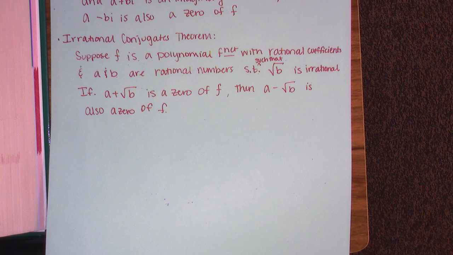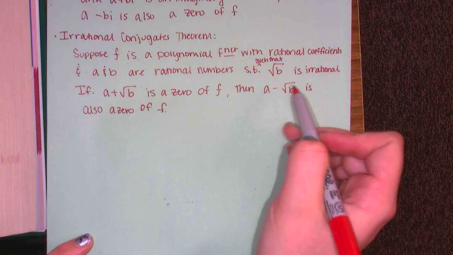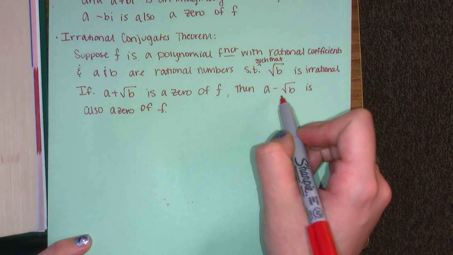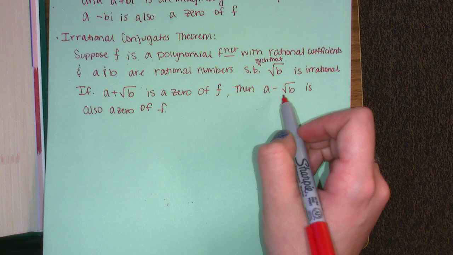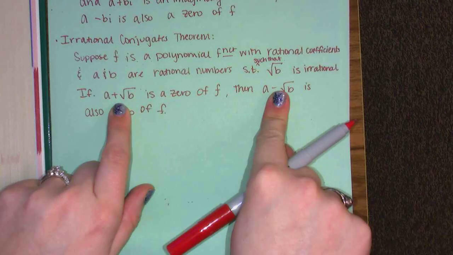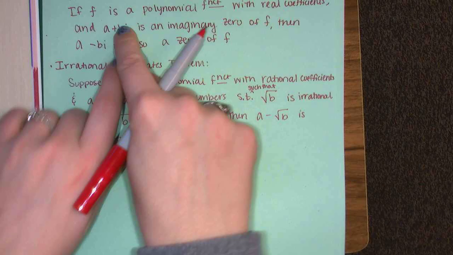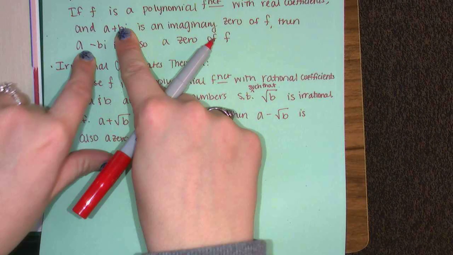This sounds really complicated, but I promise it won't actually be complicated. The biggest part is remembering that if you have this, you also have this. Most people forget that. If you see this, automatically write this, and vice versa.